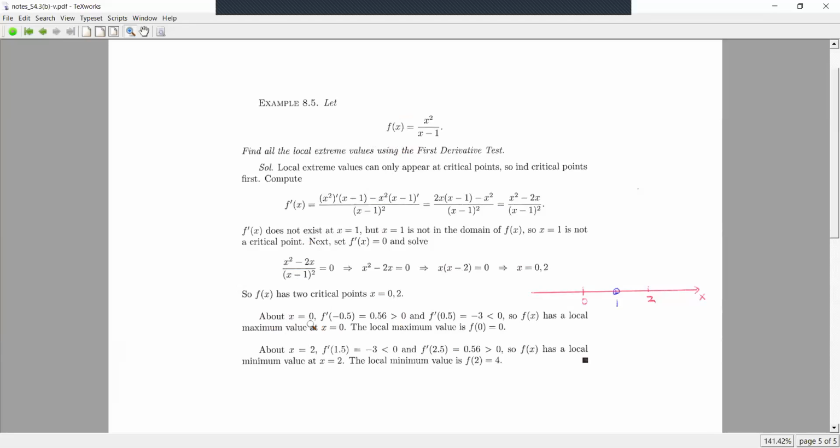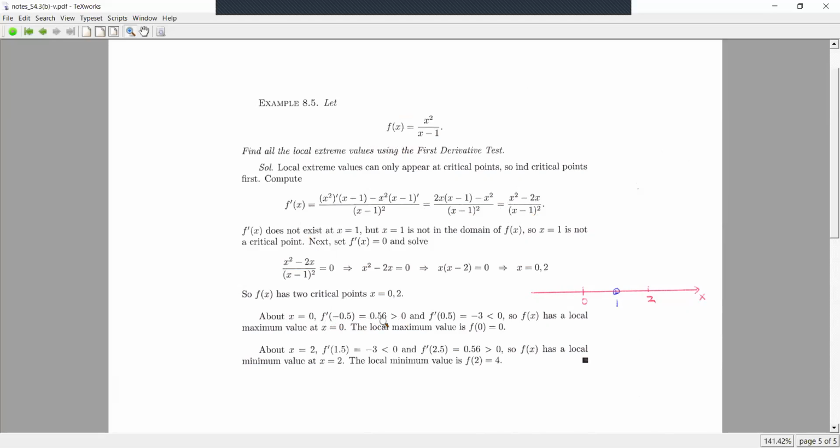Consider 0 first. We want to know whether or not the derivative changes sign at 0. On the left of 0, I pick, say, negative 0.5 and evaluate the derivative at negative 0.5. Plug in negative 0.5 in x. Then I get a number greater than 0.